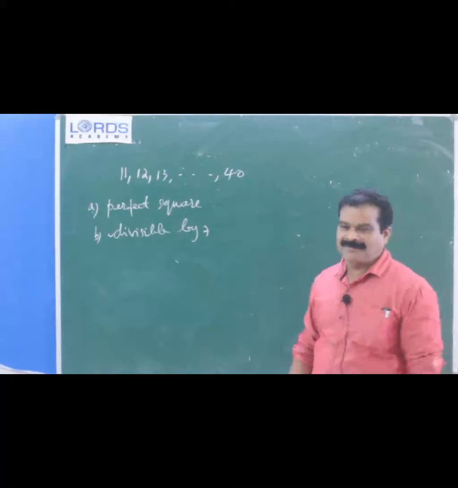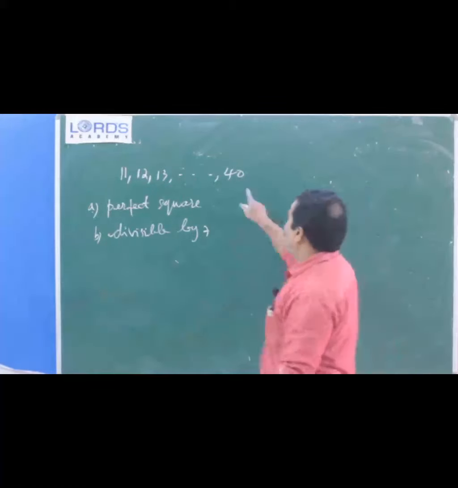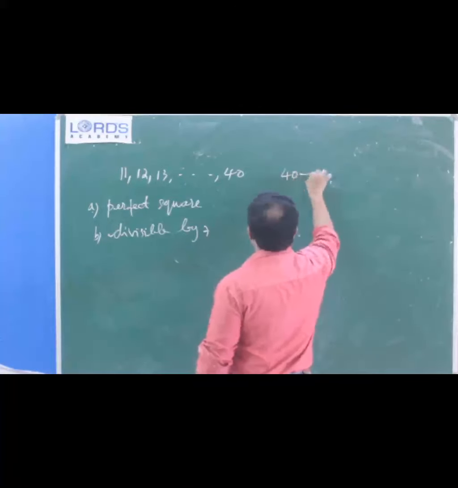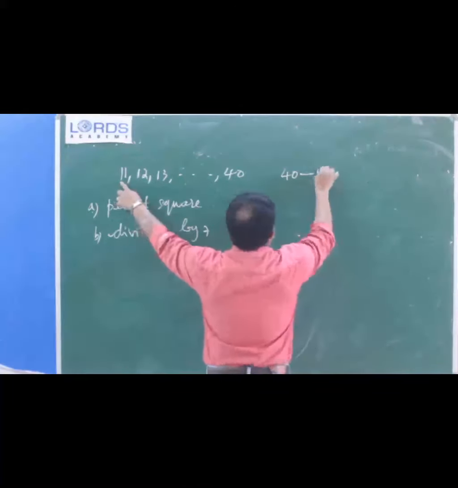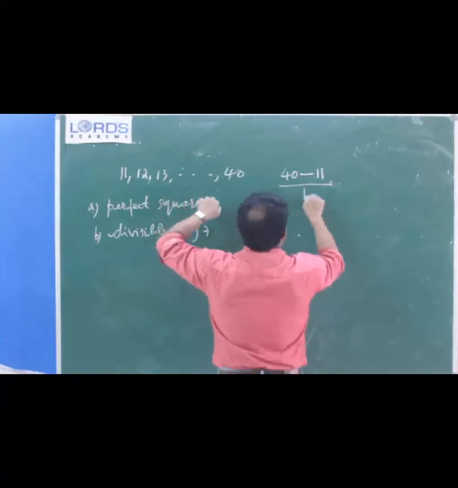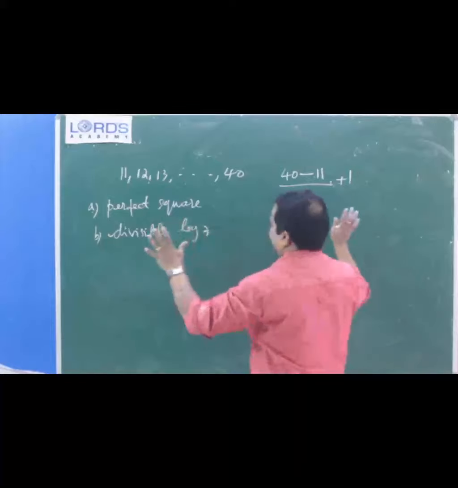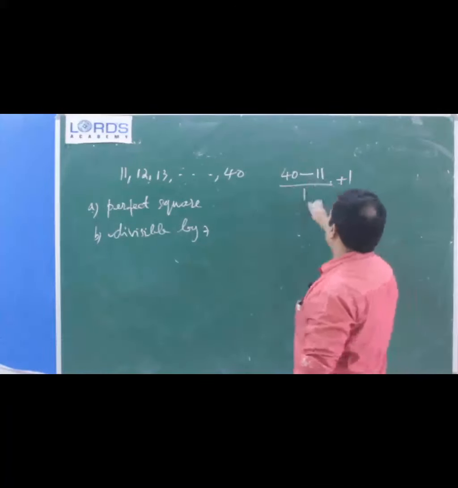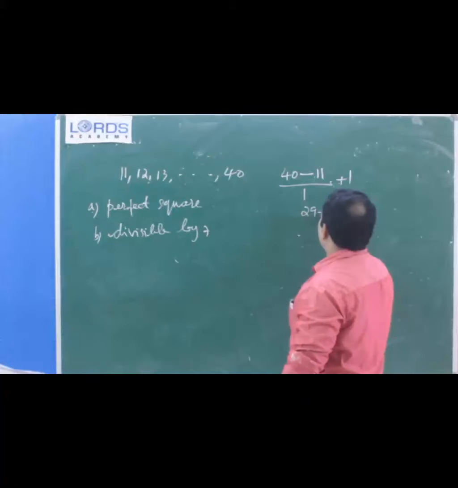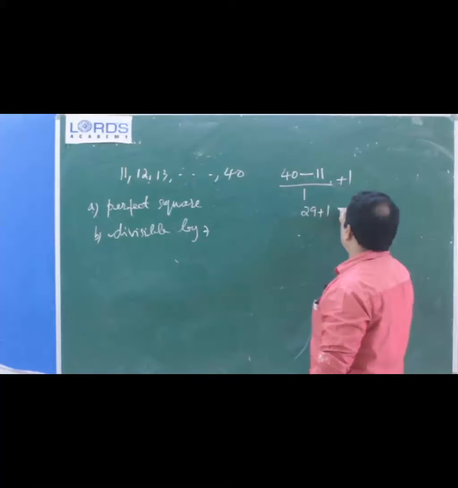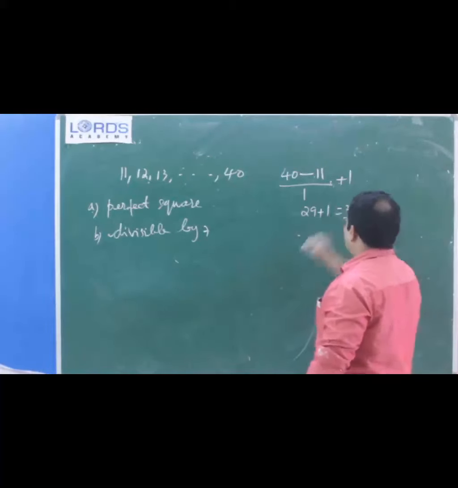Here the last term is 40, minus first term 11, divided by common difference 1, plus 1. So 29 by 1 is 29, 29 plus 1 is equal to 30. You will get 30.